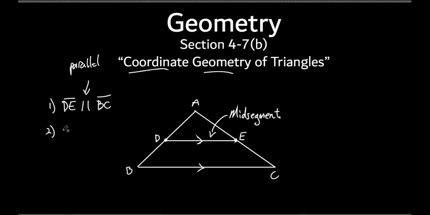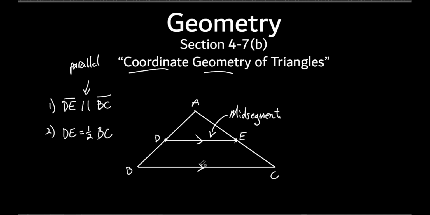It's half of it. That's right. So the length of DE is equal to 1/2 the length of BC. Notice I didn't put any line segment over top of it because when I don't do that, we're talking about the measure of it, the length of it. So the length of DE is half of the length of BC.